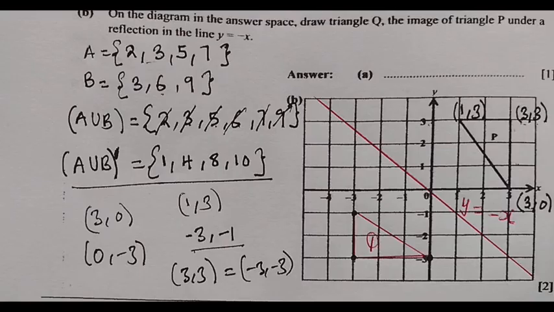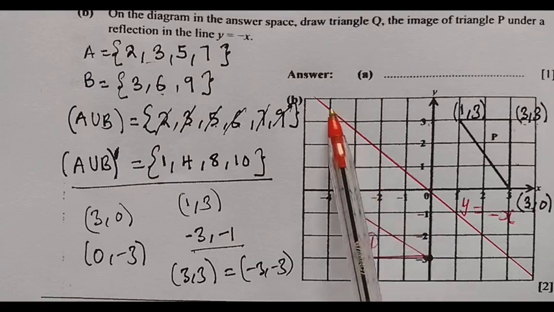Now, if you don't want to use this method, since you know that a reflection is a transformation in which any two corresponding points of the object and the image must have the same distance, at right angles, from a straight line called the mirror line.